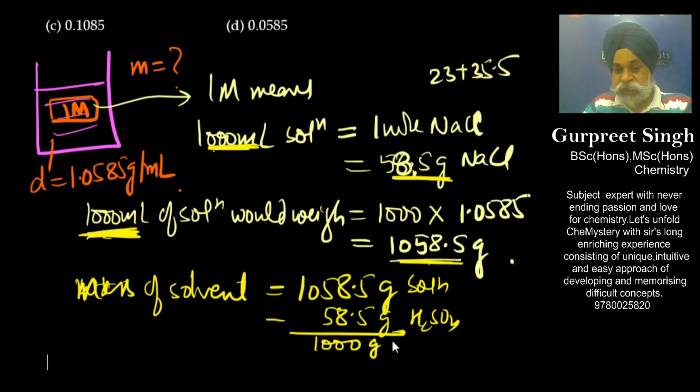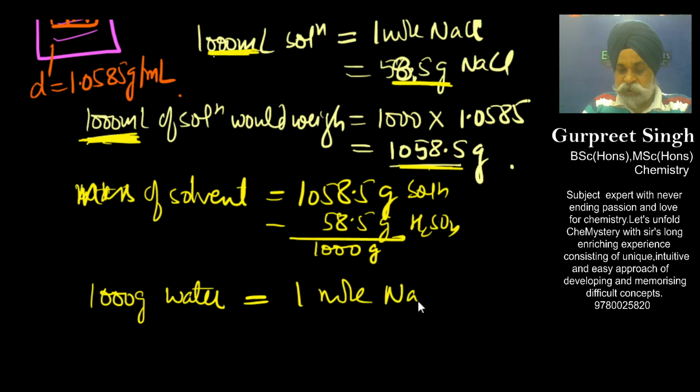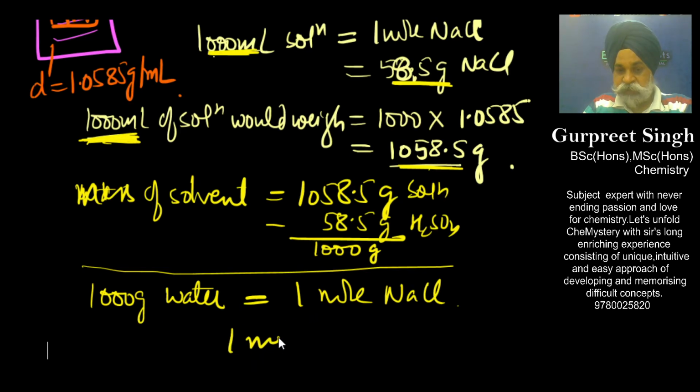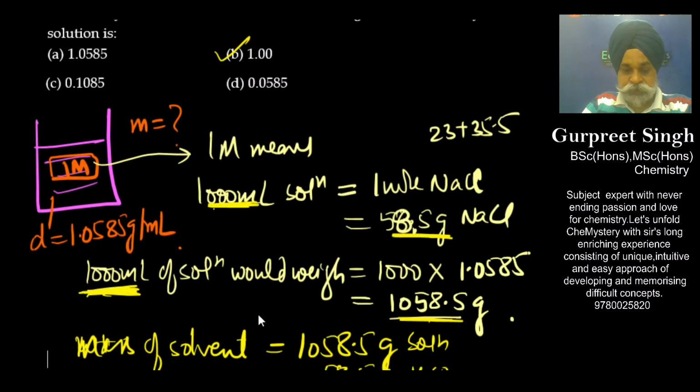So 1000 grams of water contains 1 mole of NaCl, and this is the very definition of molality: 1000 grams of water contains how many moles? 1 mole. So this particular question has molality exactly equal to 1. This is a special case where molarity and molality came out to be almost equal.